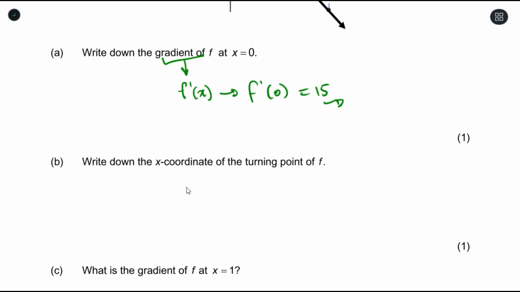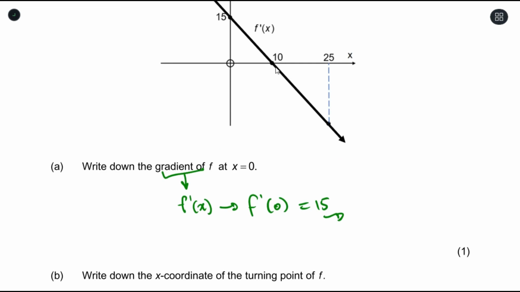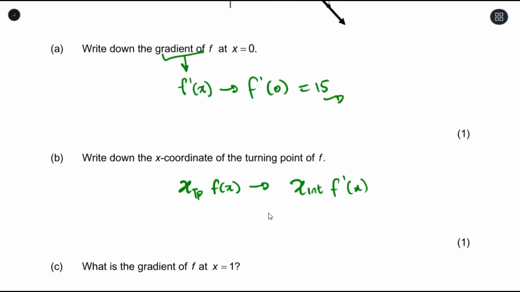Now, we also know that the x value of the turning point of f(x) is equal to the x-intercept of the derivative. So if that's the case, I just need to look for the x-intercept, and this here is 10. So for that reason, our x-coordinate of the turning point will just be x equals 10.